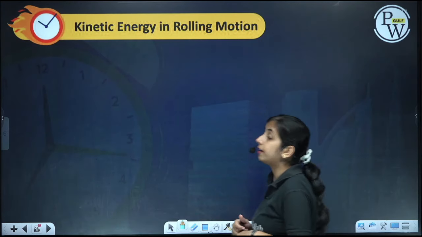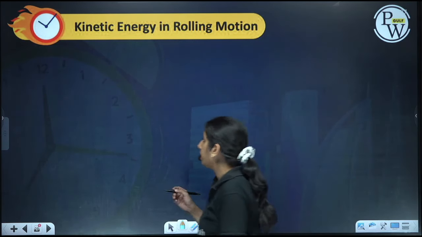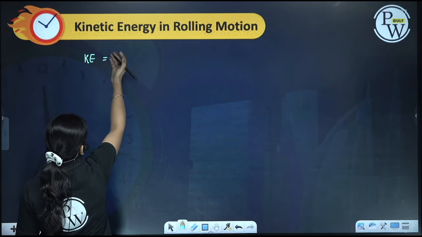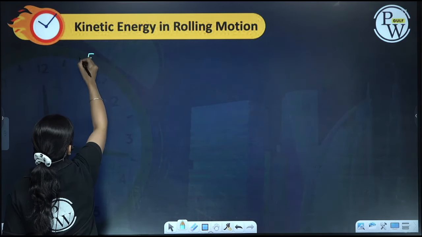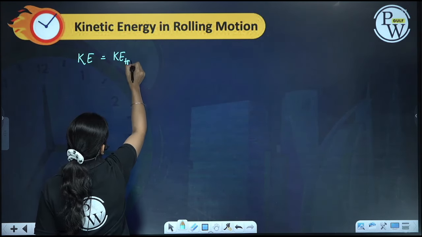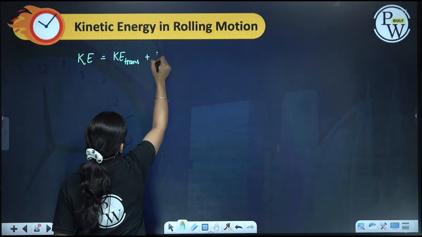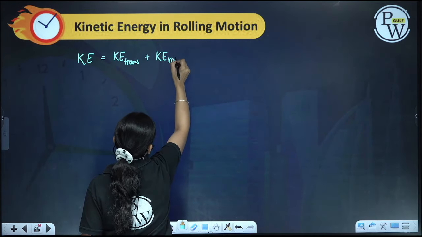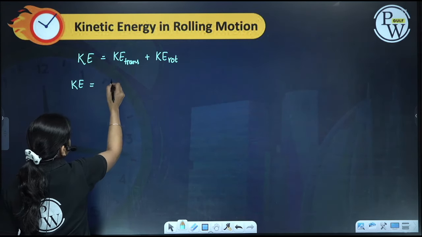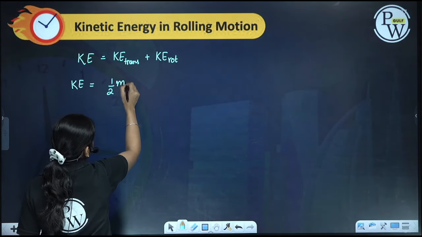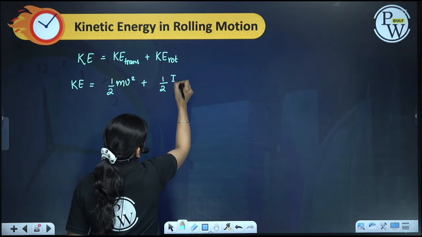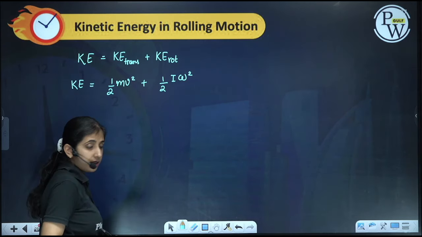Now let us calculate its kinetic energy. Because the body is moving forward, total kinetic energy is kinetic energy translational plus kinetic energy rotational. Translational will be half m v square and rotational will be half I omega square.